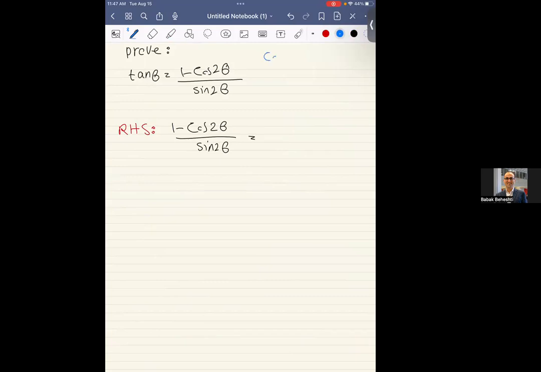Cosine of 2 theta is equal to cos squared theta minus sine squared theta, which is equal to 2 times cos squared theta minus 1, and is equal to 1 minus 2 times sine squared theta.